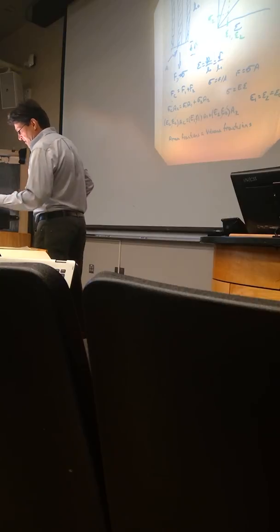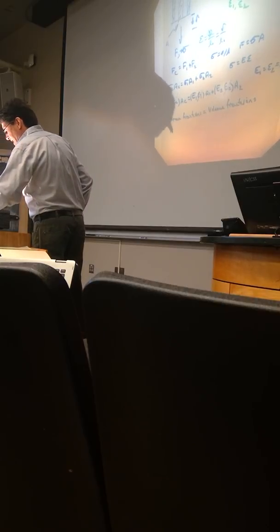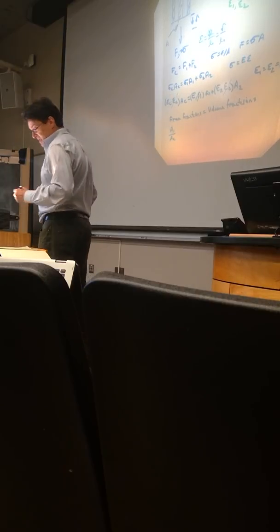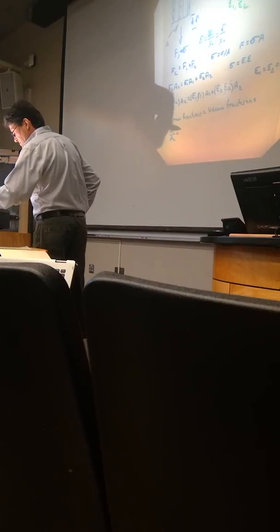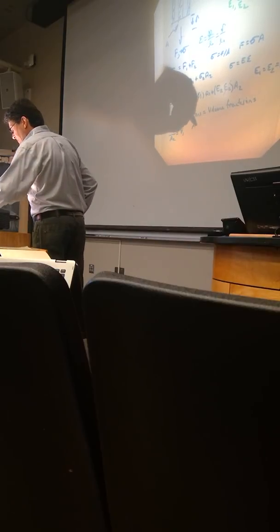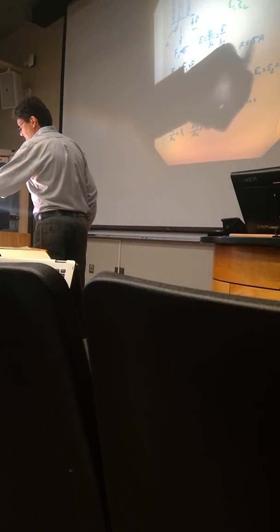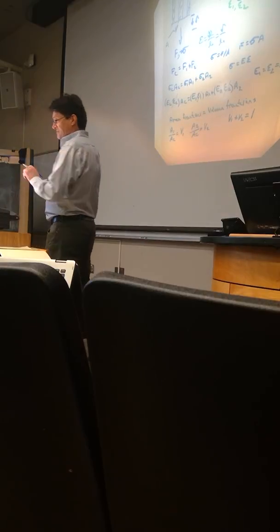So an area fraction would be A1 over area of the composite, and we're going to say that is equal to the volume fraction of 1. Area of 2 over area of the composite is equal to V2. And based on this, you know that V1 plus V2 is equal to 1.